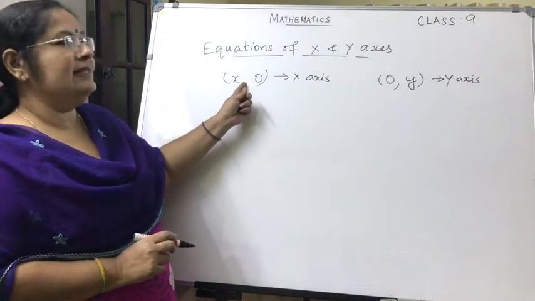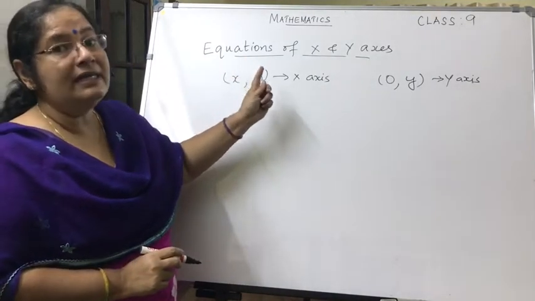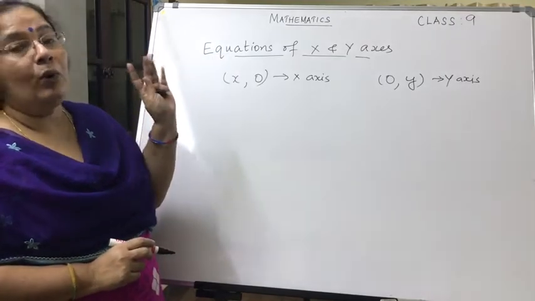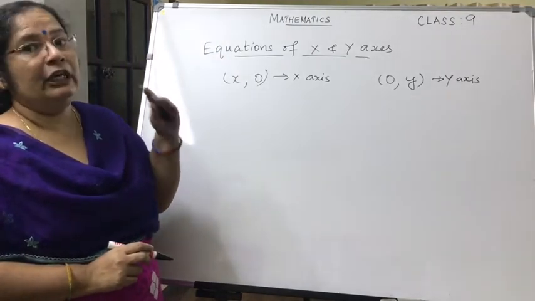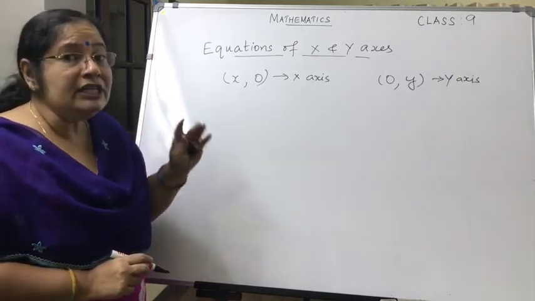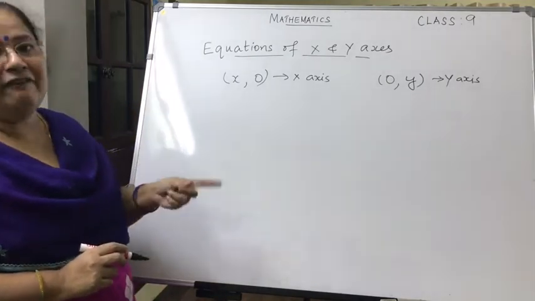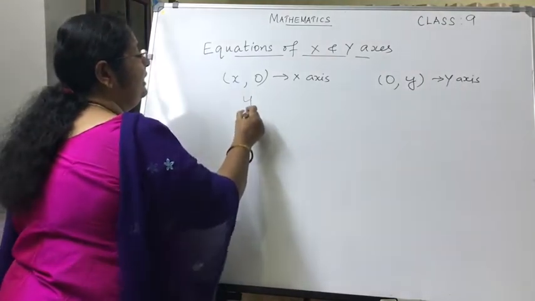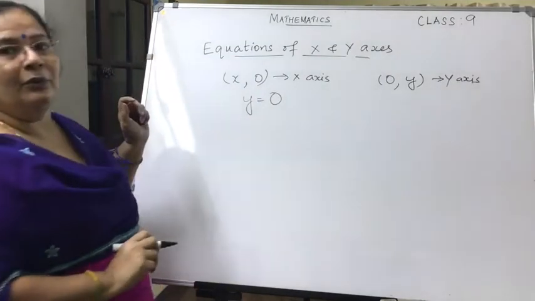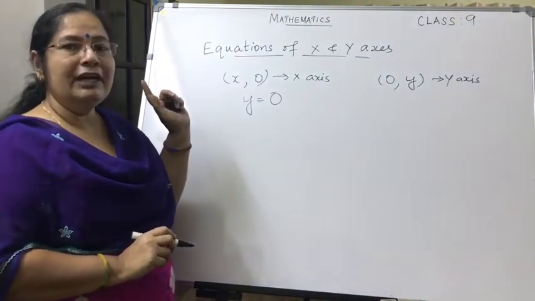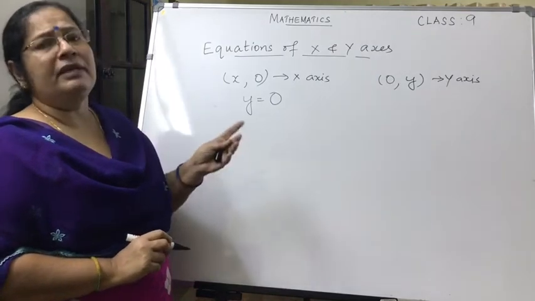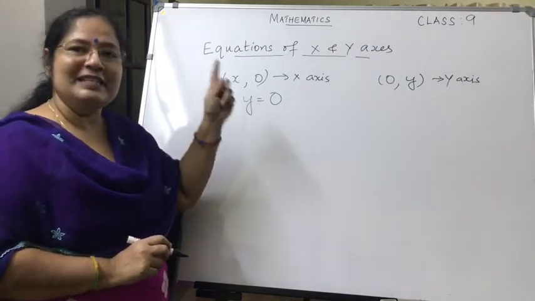Point on x-axis is x comma 0. That means y coordinate is 0. So equation for x-axis is given as y equal to 0. Whatever be the case, y will be 0.